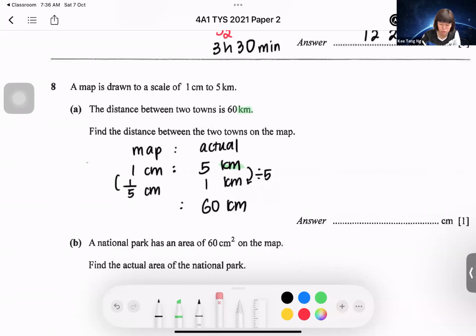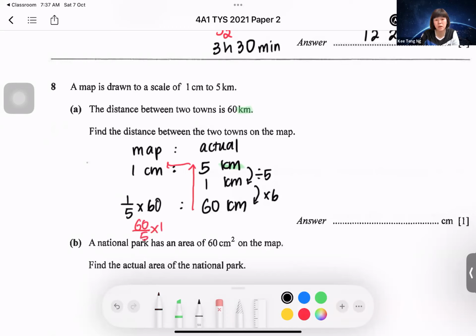Then after that, you times 60. So this one, 1/5 times 60. Or the other way around, some of you will do the working that I usually do, 60 divided by 5 times 1. Okay, either way, you still get the correct answer.